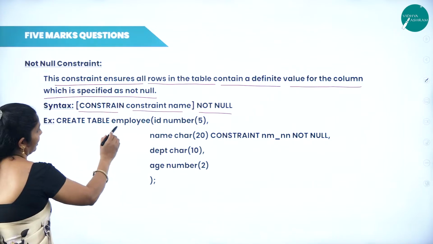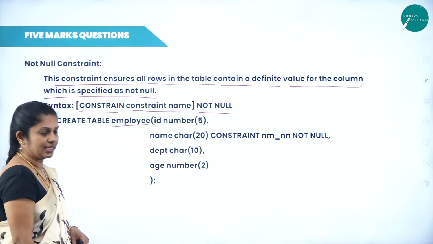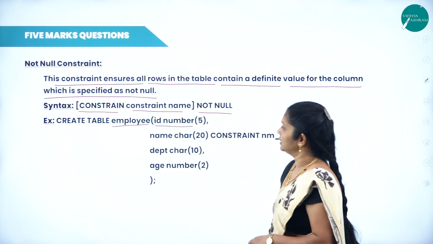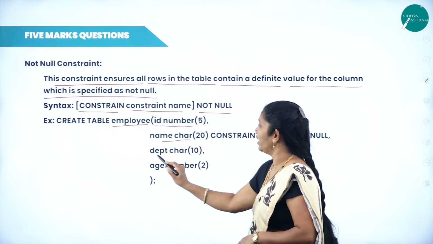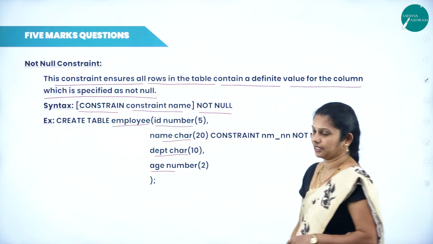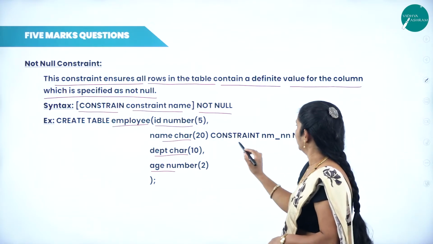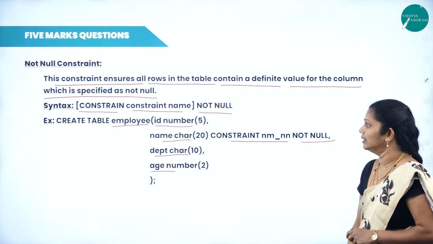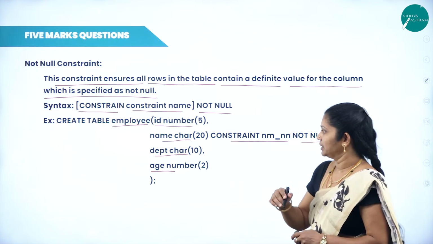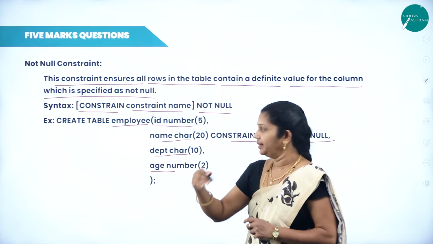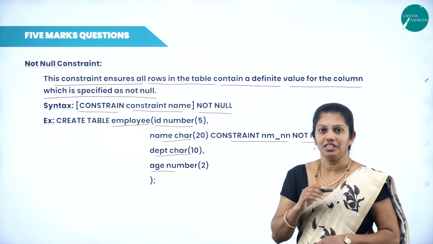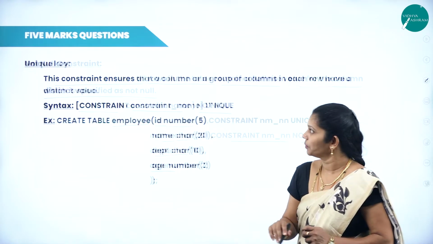For example, create table, we are creating one table, call it employee. In this employee table, we have 4 attributes: ID, name, department, and age. Under name, we are making the constraint not null. It means compulsorily we have to enter the name of that particular employee. If I do not enter it, then it will not consider that record.